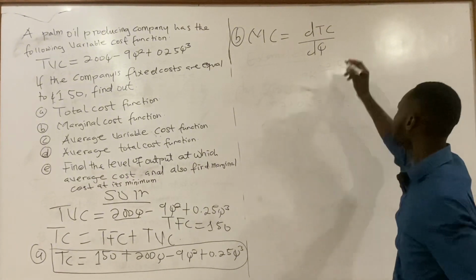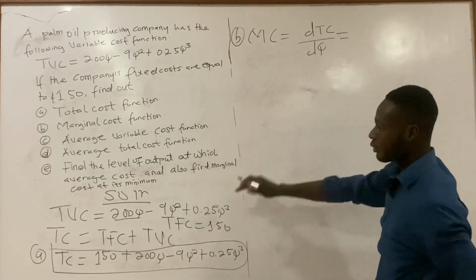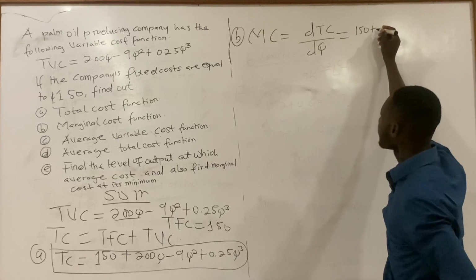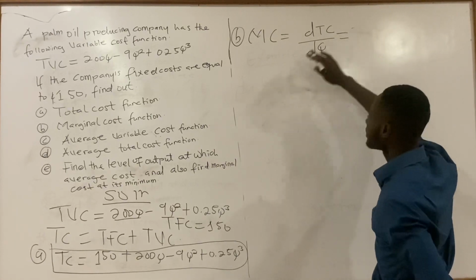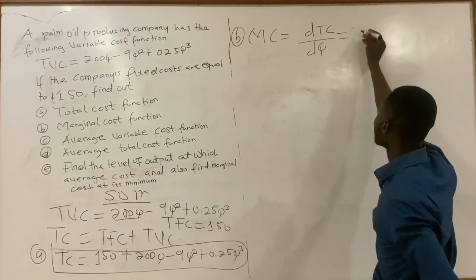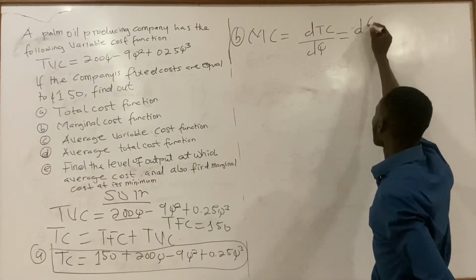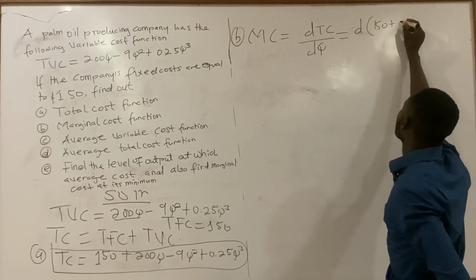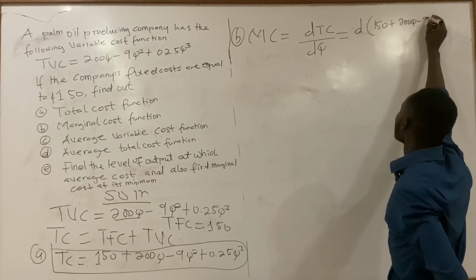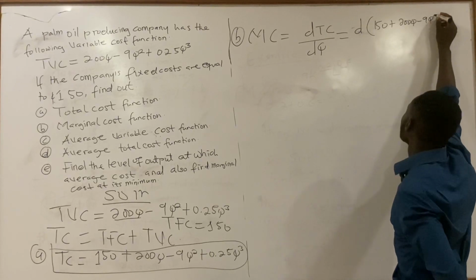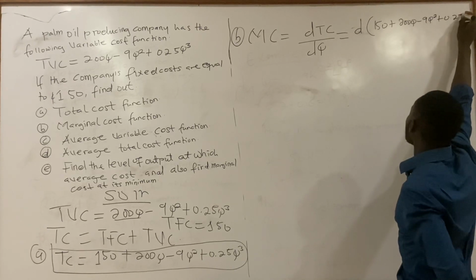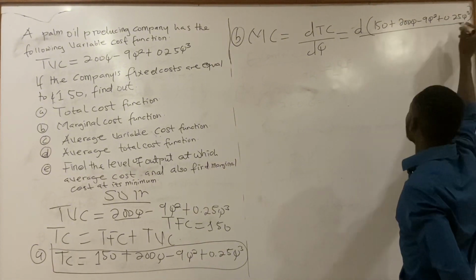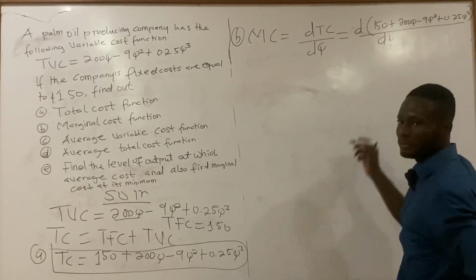So differentiate the total cost function with respect to the quantity or the output. Here we have the total cost function as 150 plus 200q minus 9q squared plus 0.25q cubed.